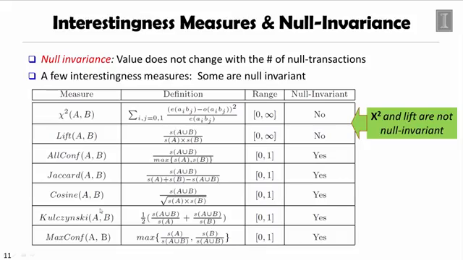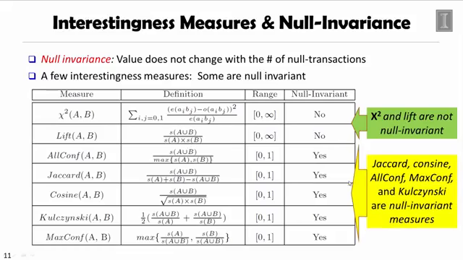But people have found that the following 5 measures, if you check their formula, their definition, are actually null invariant measures. You probably know the Jaccard coefficient and the cosine measure quite well. These 2 measures are popularly used.